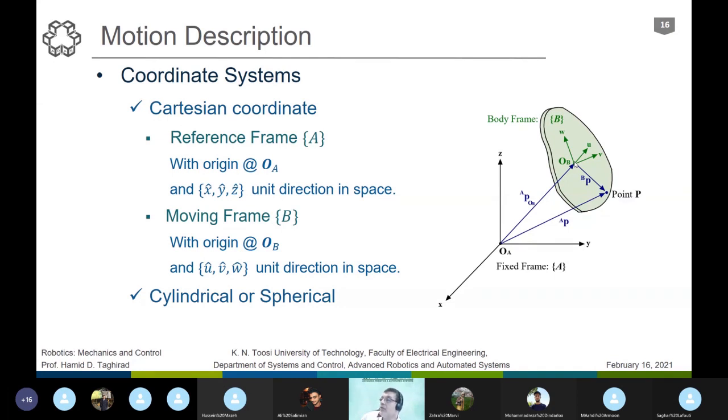We call it B usually. It has an origin OB, put at some place. What point on the rigid body we put it on is quite arbitrary, but there are some references, like putting it on the center of mass or somewhere that is a symmetric point.